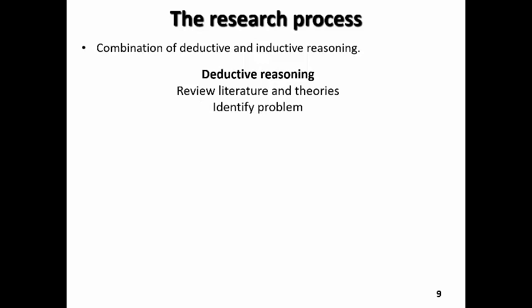As a result of that, the researcher would identify a problem and use that to zero in on a very specific research question. So deductive reasoning in this approach would conclude with the final research question that has a foundation on the scientific literature and formulated theories.